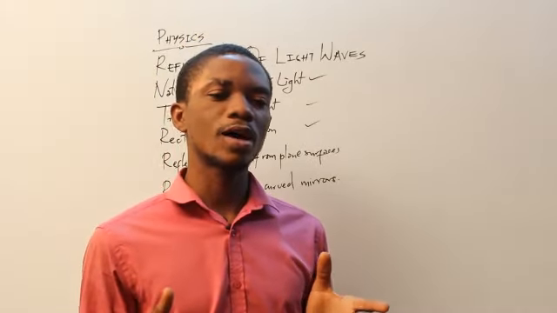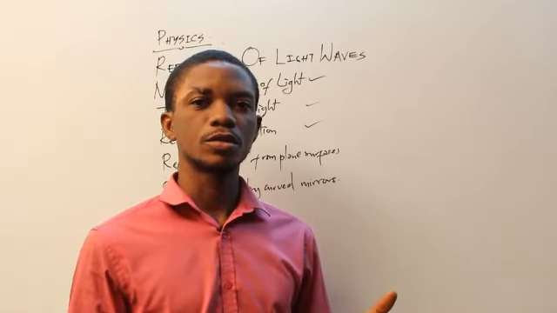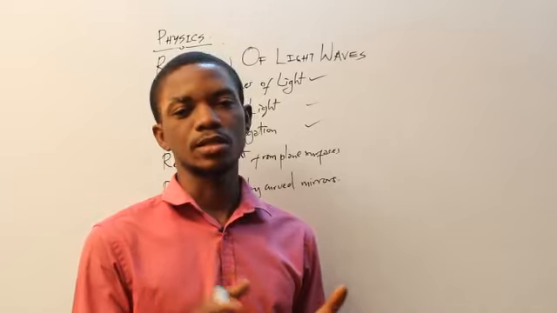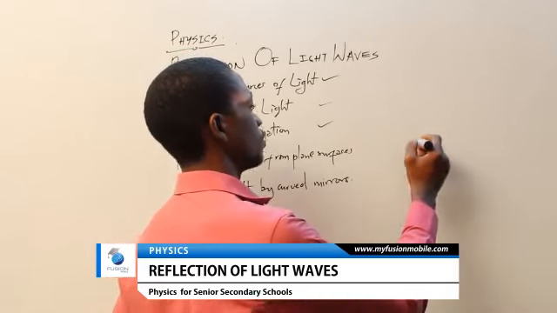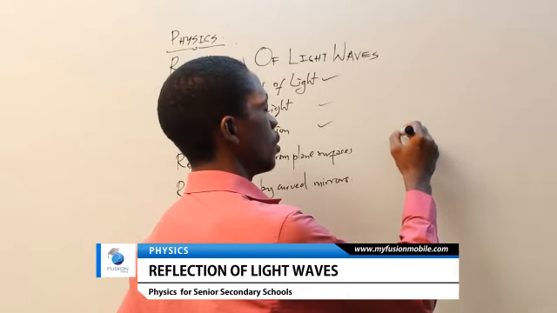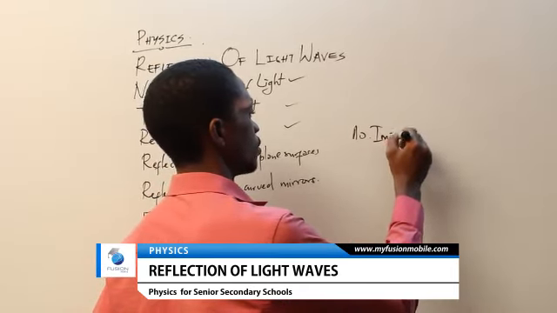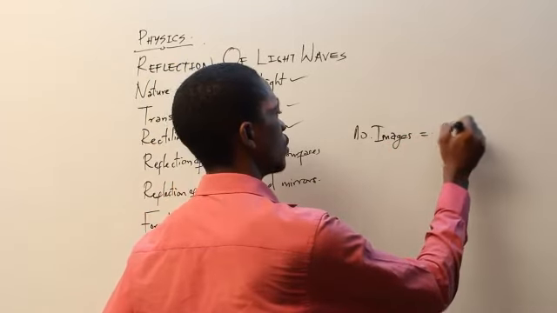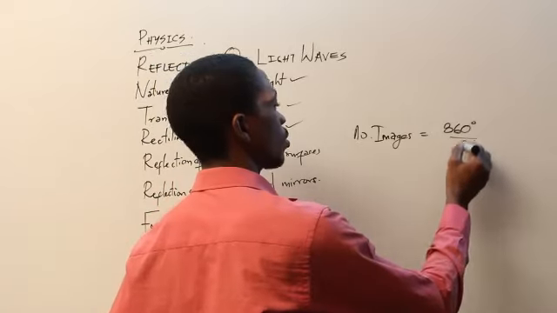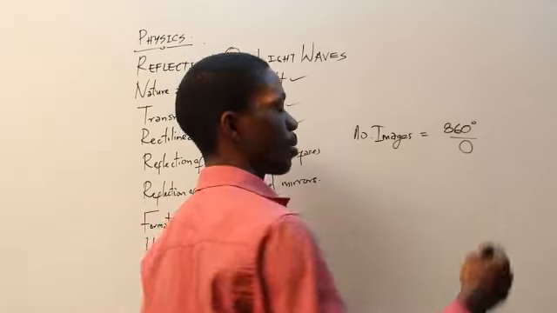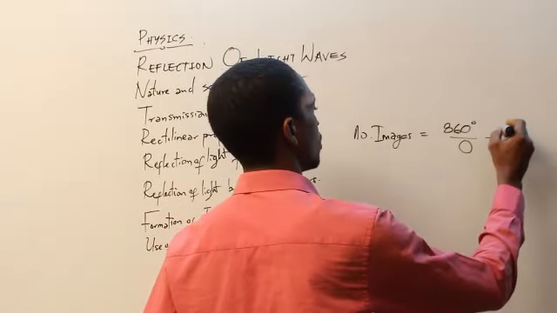If you happen to have the like what you express in the barbing salon, you have 2 mirrors and there is no angle between them, that is, the angle between them equals 0. In that kind of condition, from the formula, number of images would be equal to 360 degrees divided by, since there is no angle between those mirrors, they call 0, thus they are parallel to each other, minus 1.